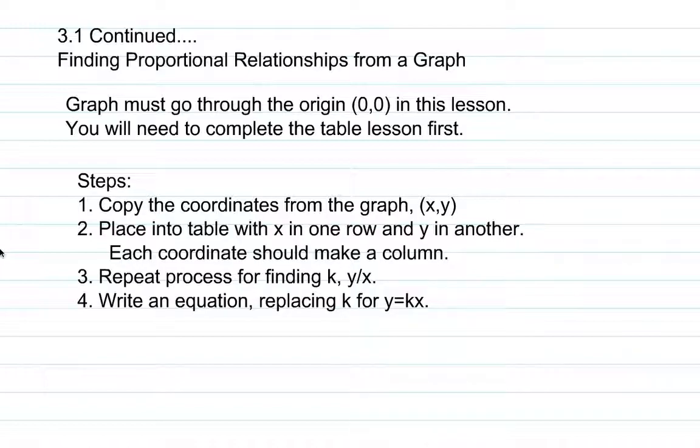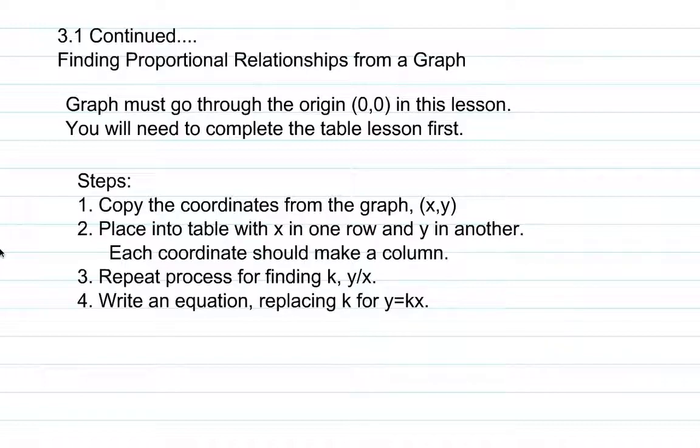After you copy the coordinates from the graph into an XY table, also known as an input-output table, you're going to repeat the process that we did in the first video for finding k. So you're going to look for patterns with the x values, look for patterns with the y values, and if you can't do that, you're going to find the unit rate of each of the coordinates, which should be the same, because in order to be proportional, they have to be the same.